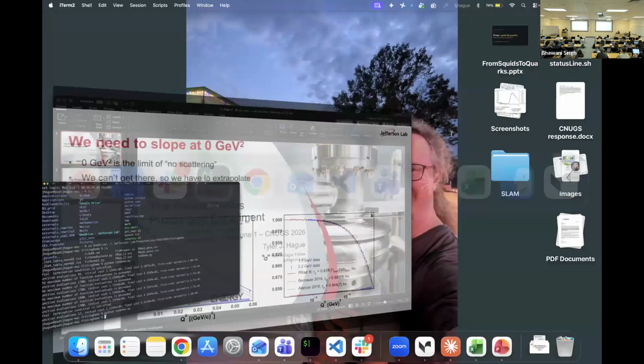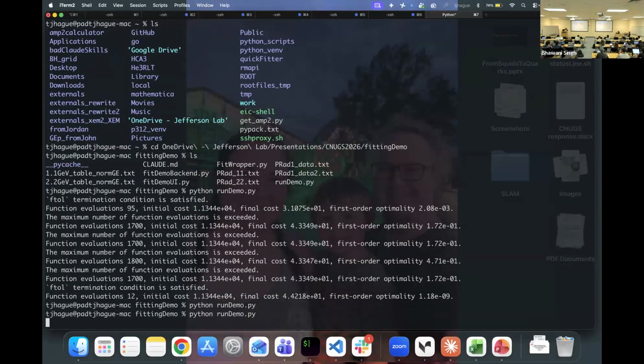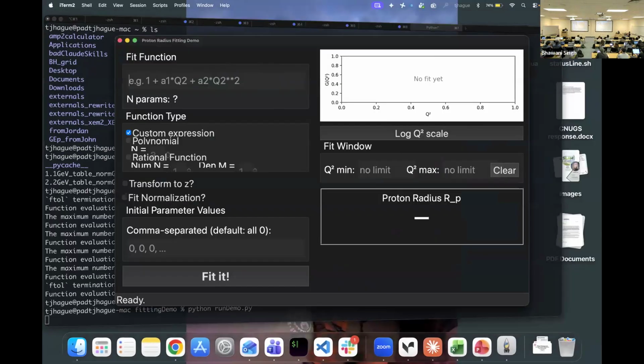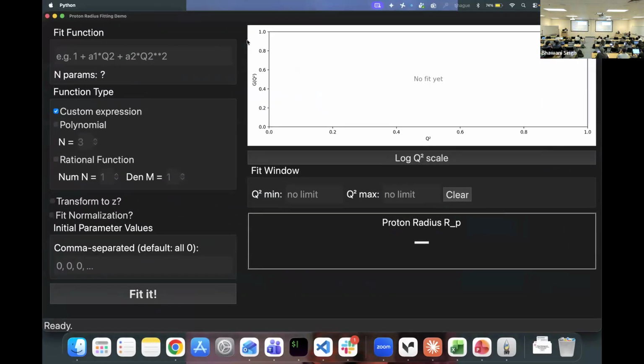And we will go over here and hopefully this actually works. So we are going to fit the PRAD data. Thanks to Claude Code for writing this GUI for me. I had the fitting backend, but then it made the GUI for me. So how would you fit that data?